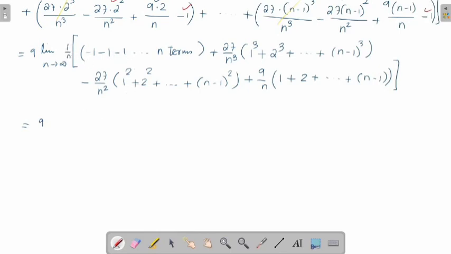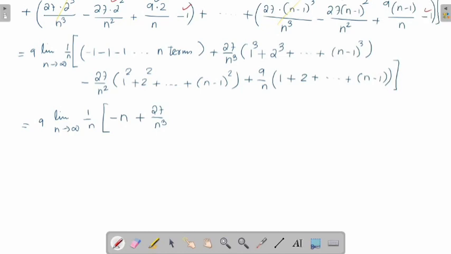So we have limit n tends to infinity, 1 by n is there. Now if I ask you how much is the value of this, obviously it will be minus n. Plus we have 27 by n cube. Now what is the value of 1 cube plus 2 cube plus up to n minus 1 whole cube?